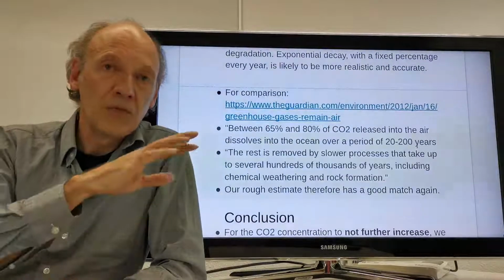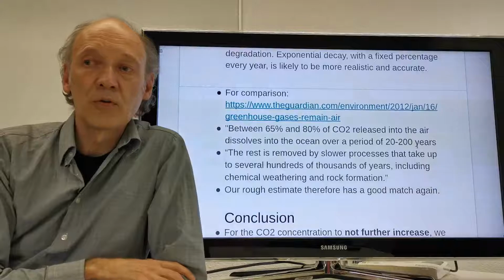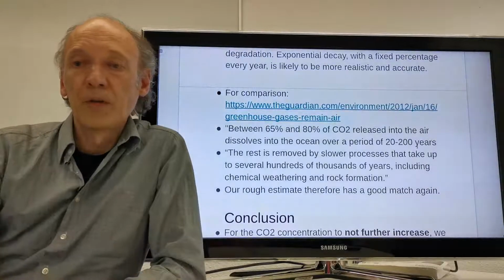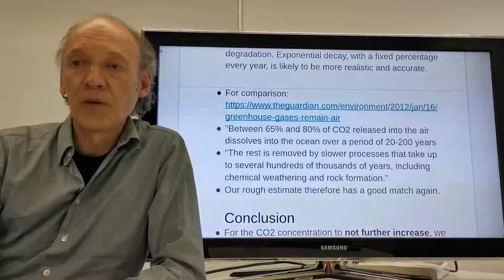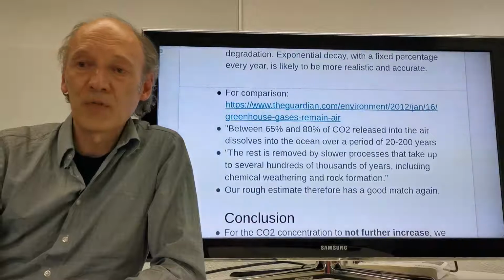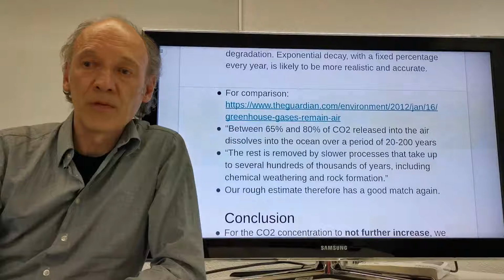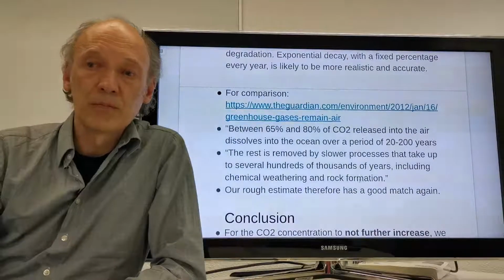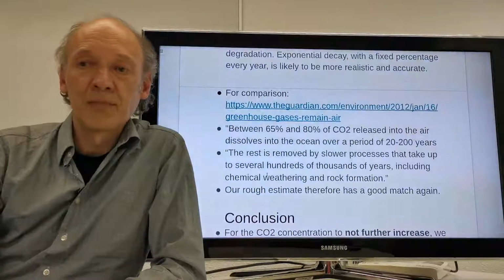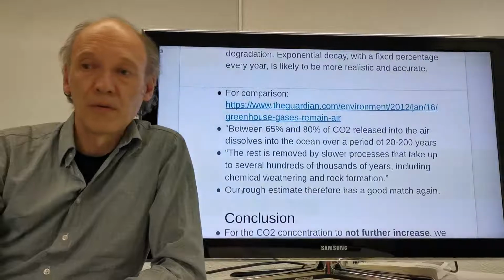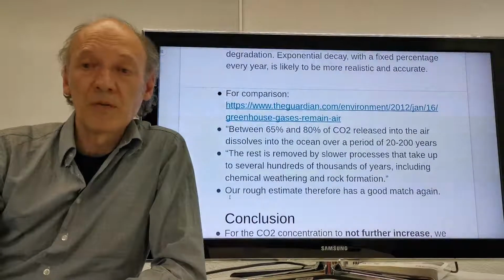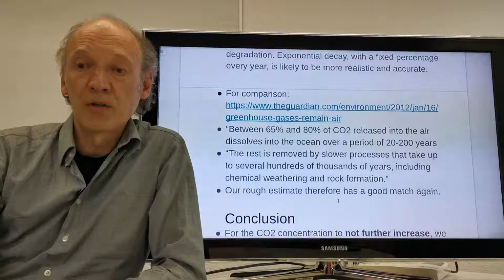So that actually fits the order of magnitude that we computed pretty well. But then the rest is removed by slower processes that take up to several hundreds of thousands of years, including chemical weathering and rock formation. So that's a long time, several hundred thousand years. But at least our rough estimate has a good match again.